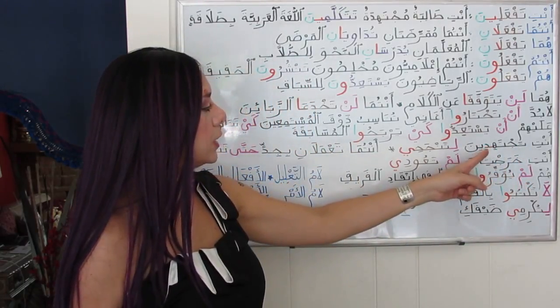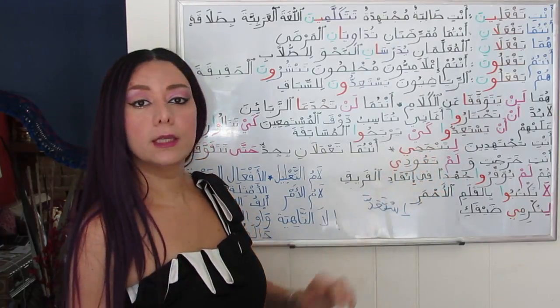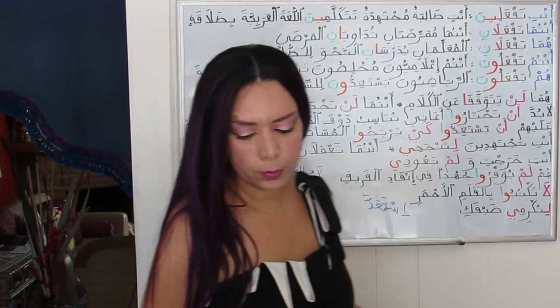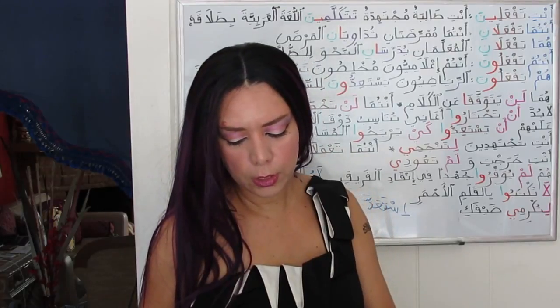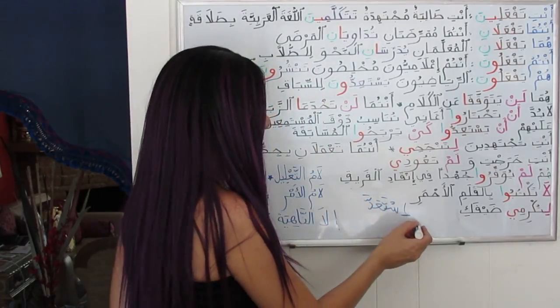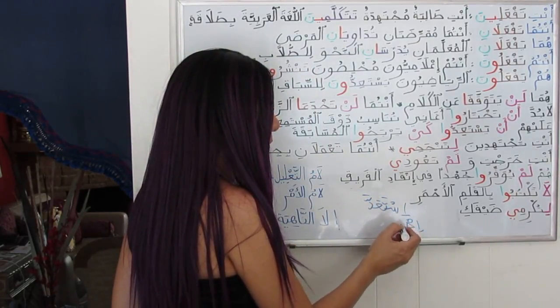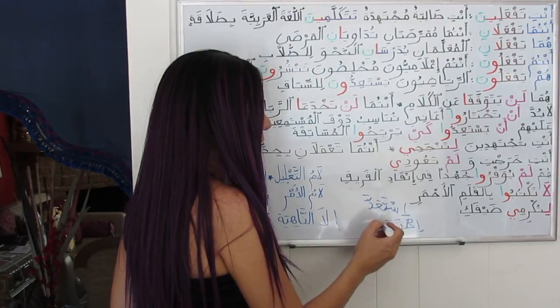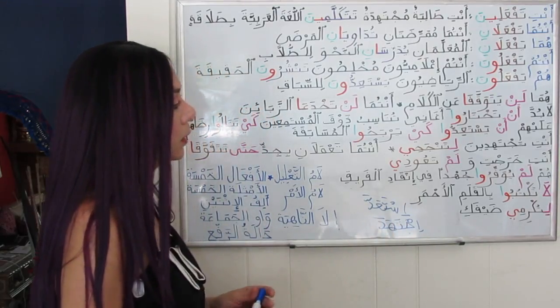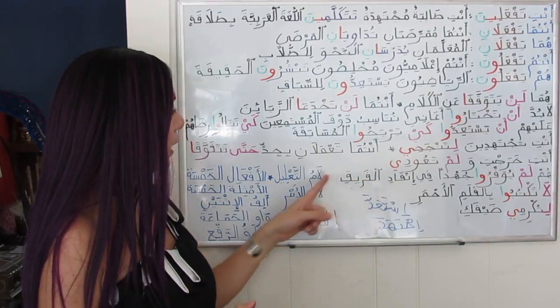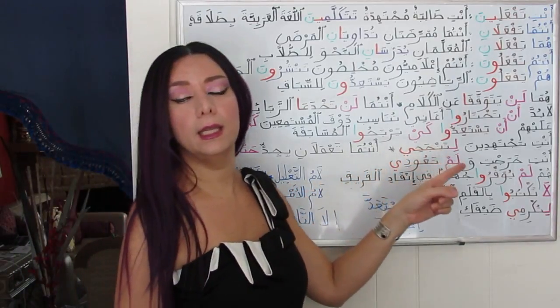أنت تجتهدين لتنجحي. From the verb اجتهد. اجتهد form 8. اجتهد to strive. اجتهد form 8. لتنجحي. لام التعليل.